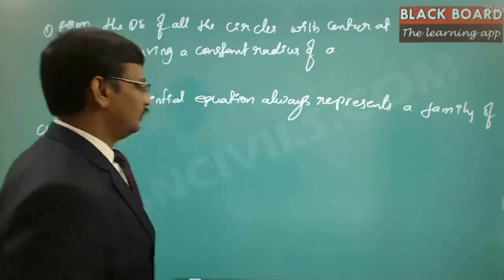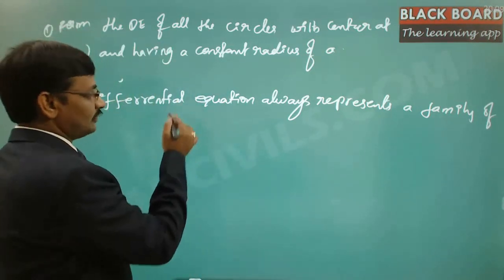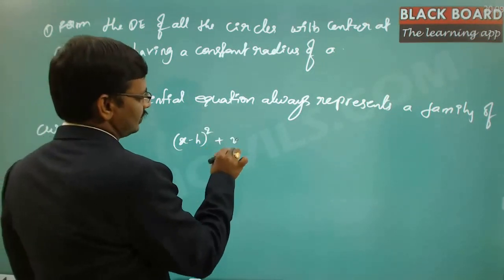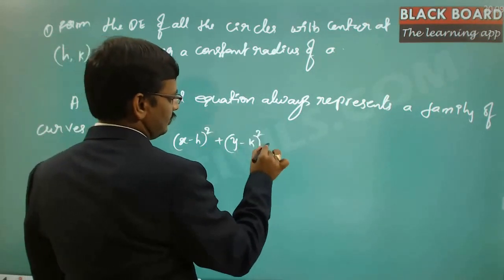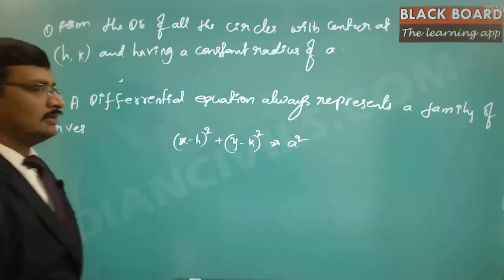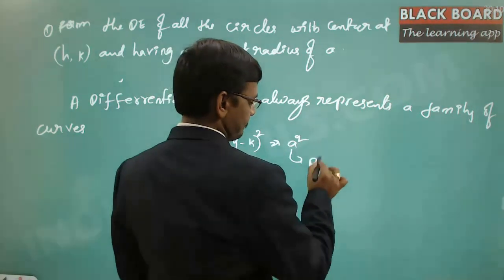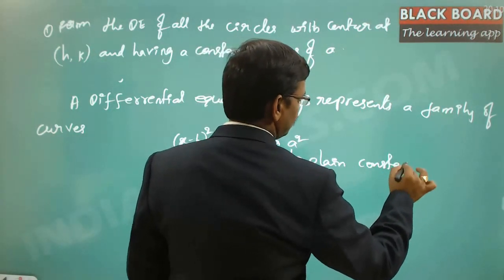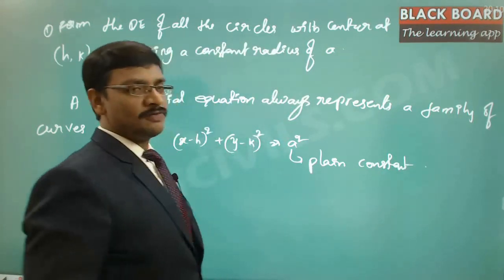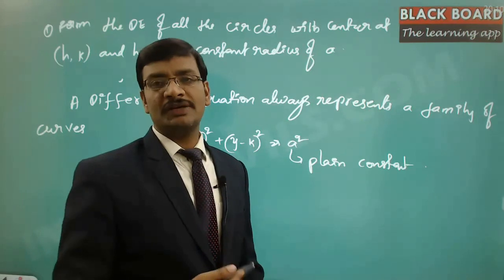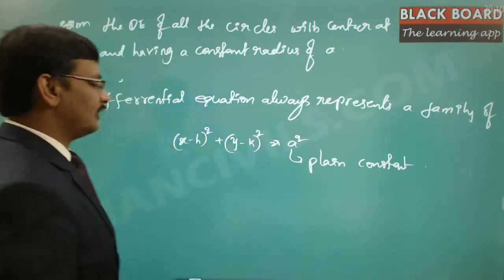Suppose I frame the equation for the above statement: x minus h whole square plus y minus k whole square is equal to a square. Here a is the plain constant, because the family of curves has a constant radius of a, but the location of the center is at different places.